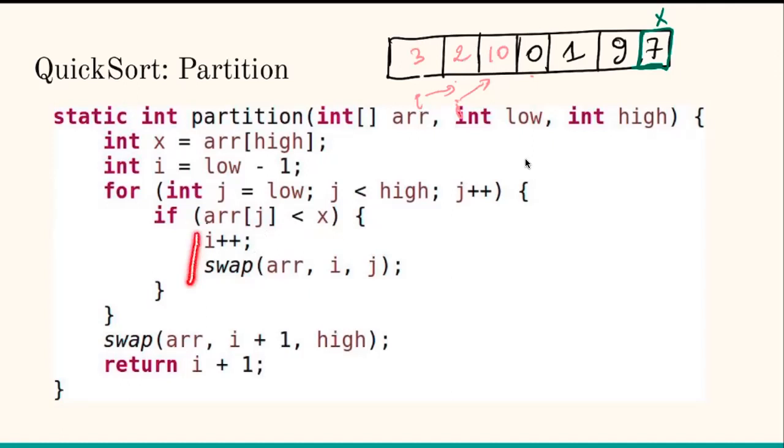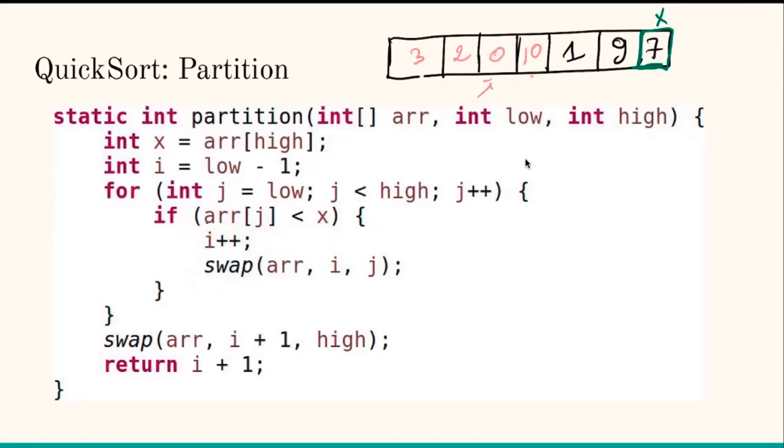Basically, this swapping is this operation that we're doing here. And then G will come, we go here. We compare 0 and 7. This condition is true, right? So we increment I, and then we swap them. So here we have 0, here we have 10.